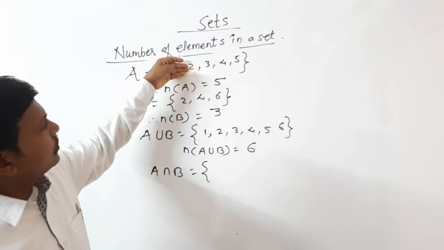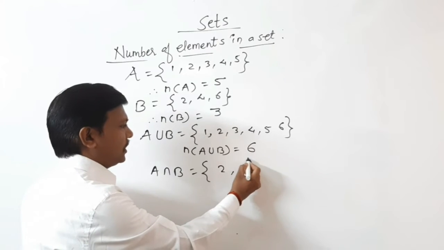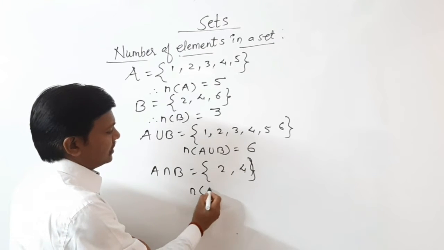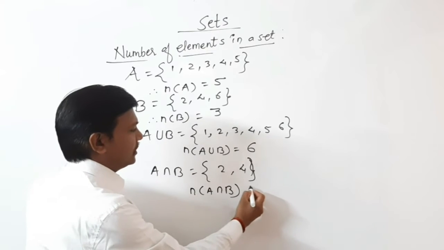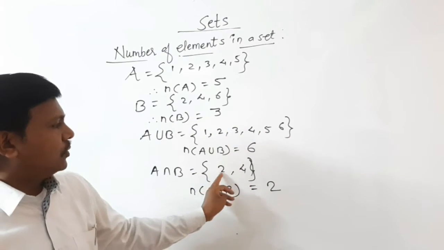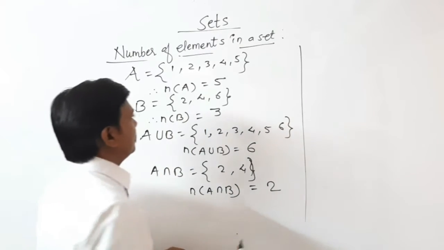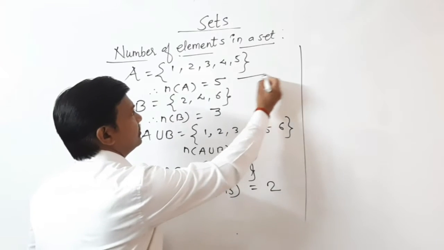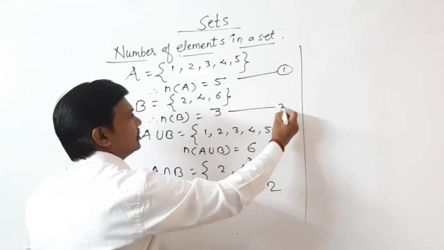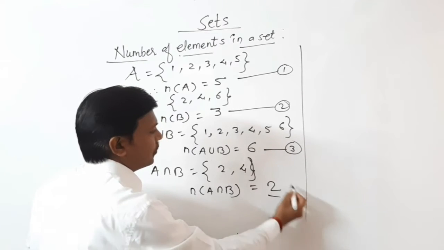So only 2 and 4. So n(A intersection B) is 2, means elements in A intersection B are 2 and 4, so 2.